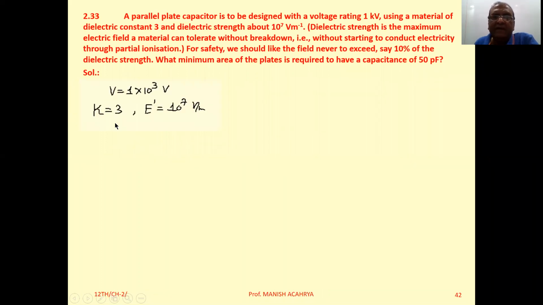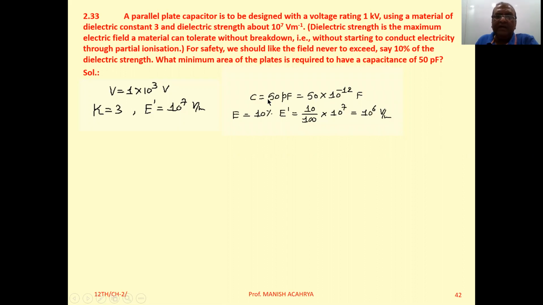Now see, the voltage rating of 1 kilovolt means 1 into 10 raised to 3 volt. It implies that this capacitor should withstand up to 1 kilovolt. Then the material with dielectric constant K is used here, so K is 3, and its dielectric strength is given to you as 10 raised to 7 volt per meter.